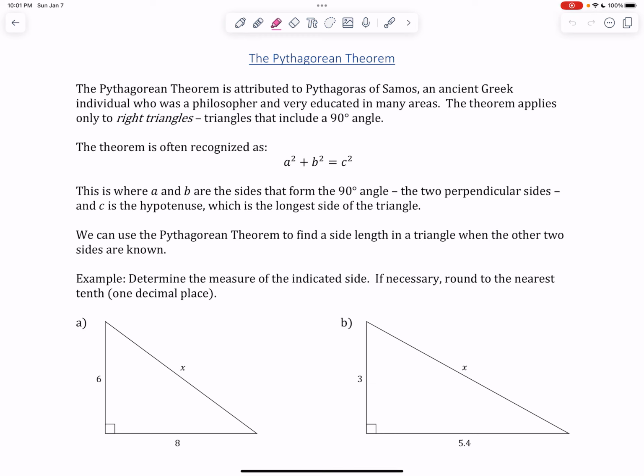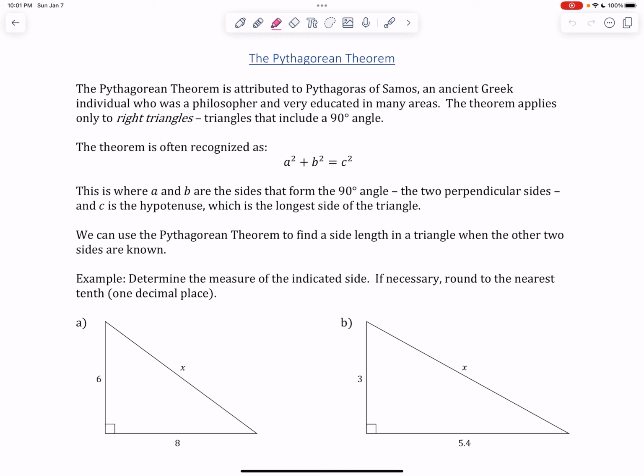For starters, let's determine the measure of the indicated side. And we're going to round to the nearest tenth, or 1 decimal place. Here, we know we've got a right triangle because those two sides intersect at 90 degrees. For this, we will say a squared plus b squared equals c squared.